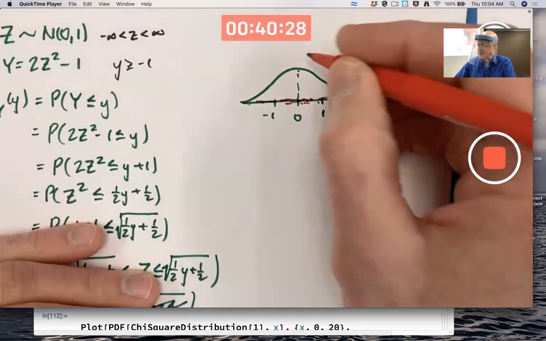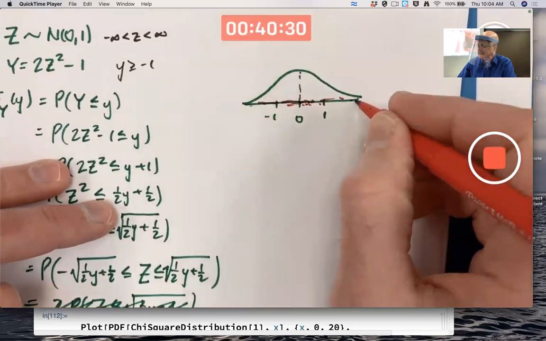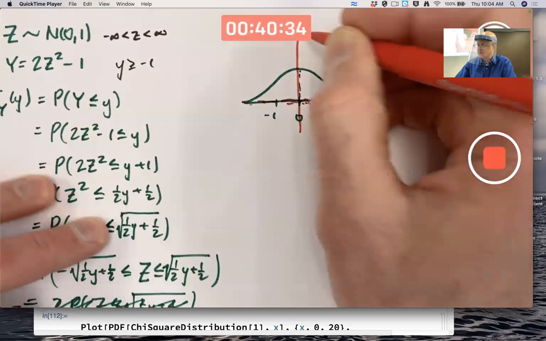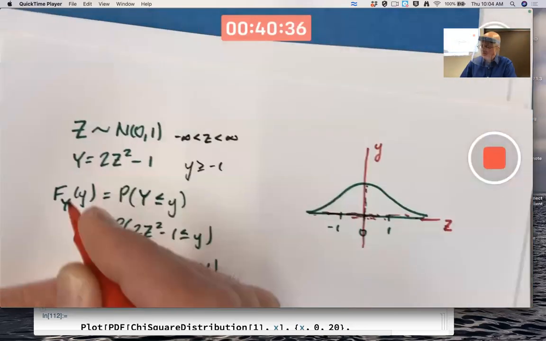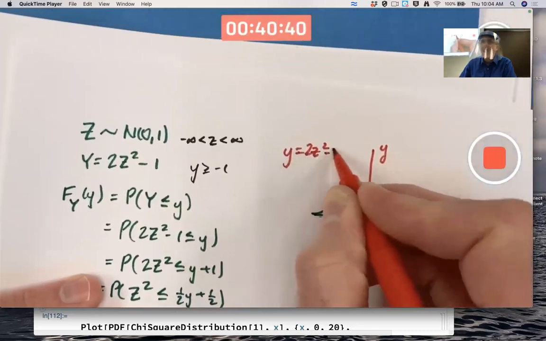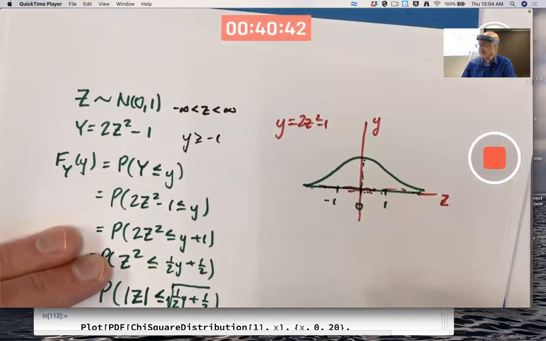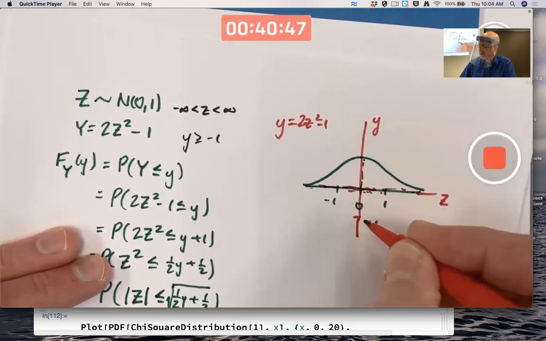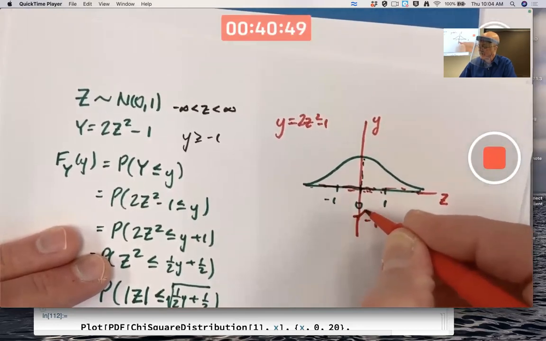The transformation, think of this as a z-axis here, and think of this as a y-axis. The transformation y equals 2z squared minus 1. If you graph it, it's going to be a graph that looks like a parabola opening upward, about like this.